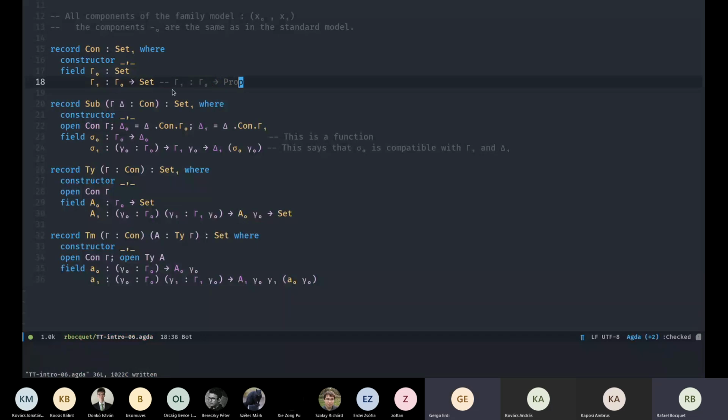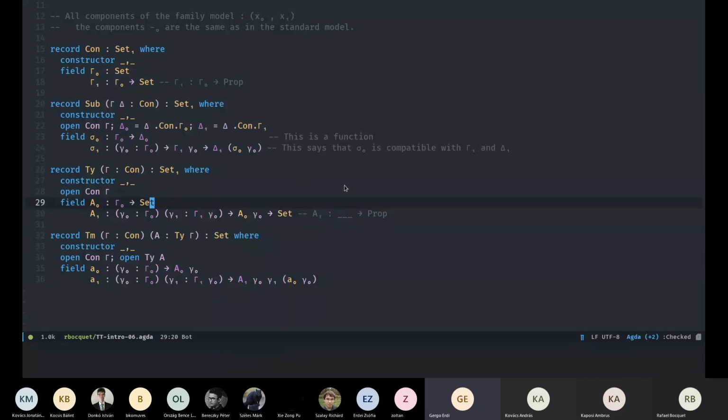We would have gamma 1 in Prop, so gamma 1 would be a subset of gamma 0, and the same for A1, but we will still have A0 in Set usually. Okay, I see.